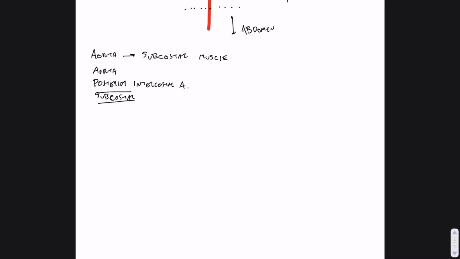So we could interchange subcostal with the serratus posterior superior, the serratus posterior inferior, the external intercostals, the internal intercostals, the innermost intercostals, and I believe, oh, and then we have the longus coli as well.